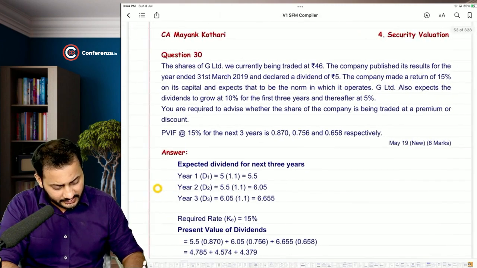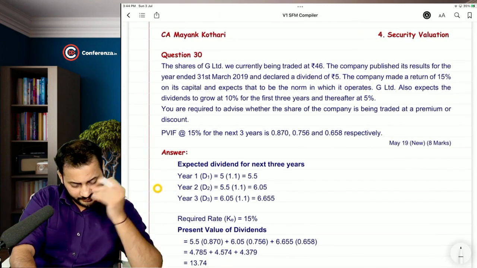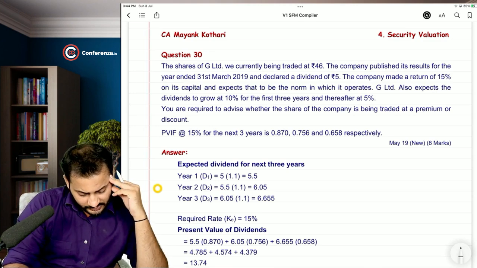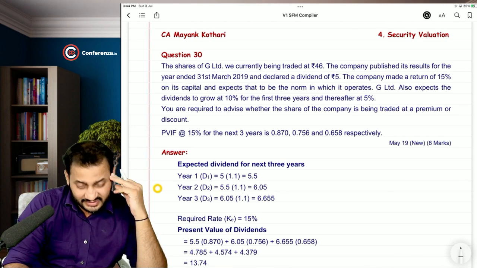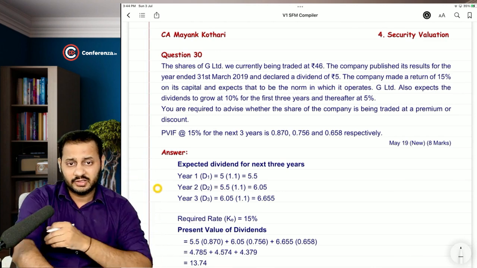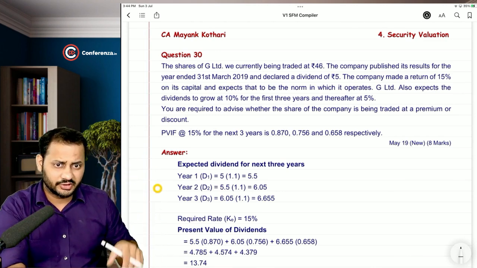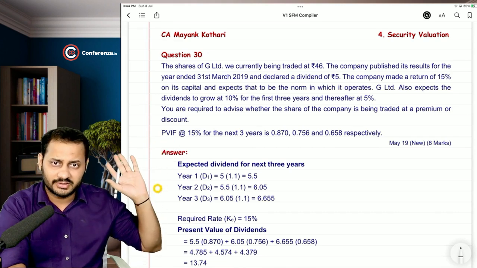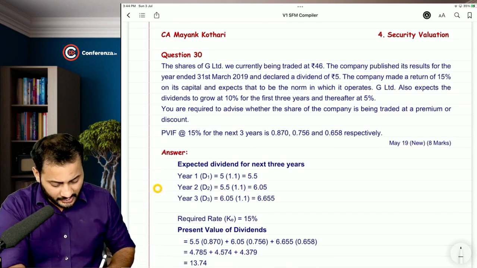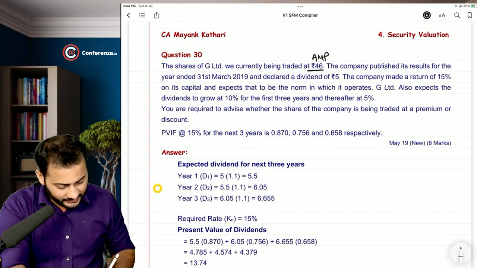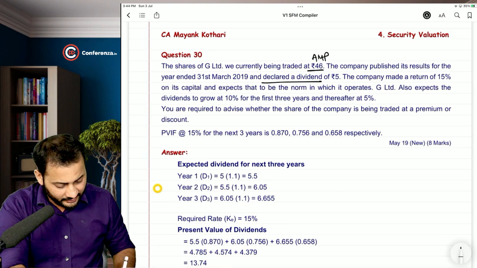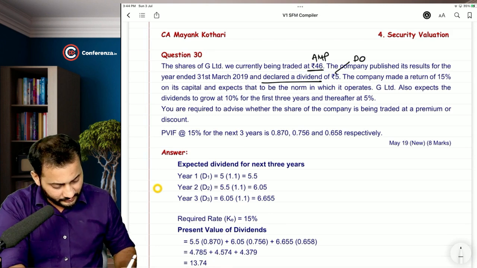Question number 30 is, let me see if there is anything different in this question, if there is any need to consider it. See, we'll just discuss the question, and at the end I will decide whether we will be taking this or not. Currently being traded at 46, so I can say this is the market price. Declared a dividend of 5, this is D0.